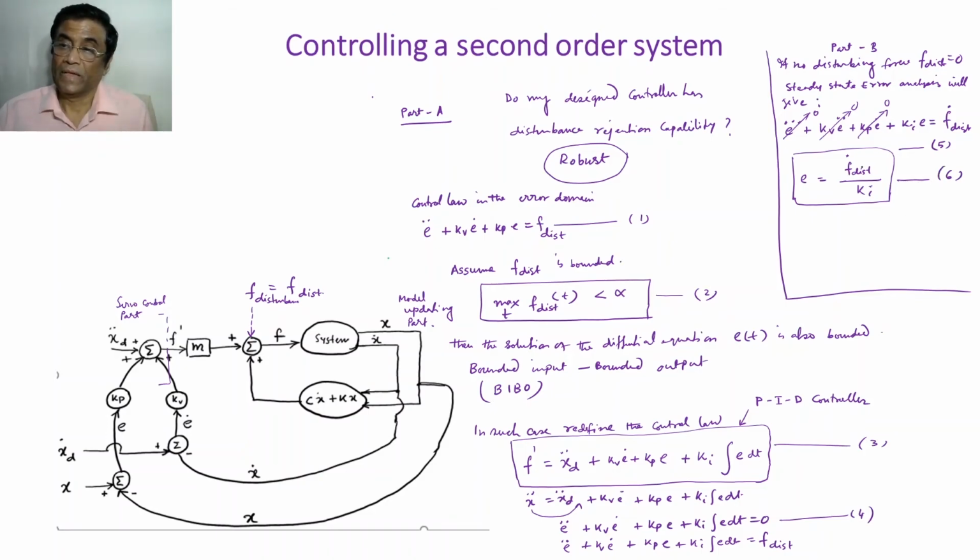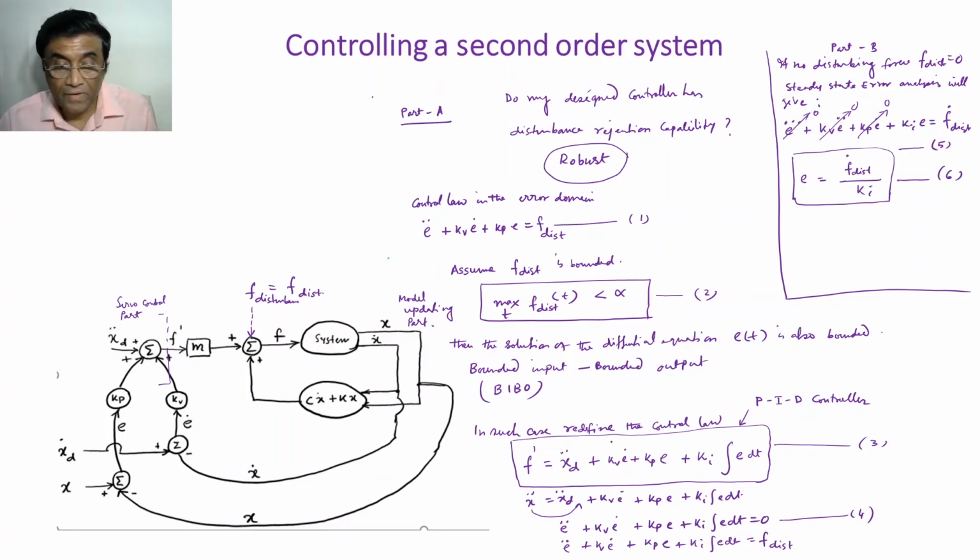Now, if my disturbance is bounded and constant, and most of the time if it is due to poor modeling error or it is coming from the environment, the disturbance force becomes constant, isn't it? So if you just differentiate with respect to time, this will be 0.